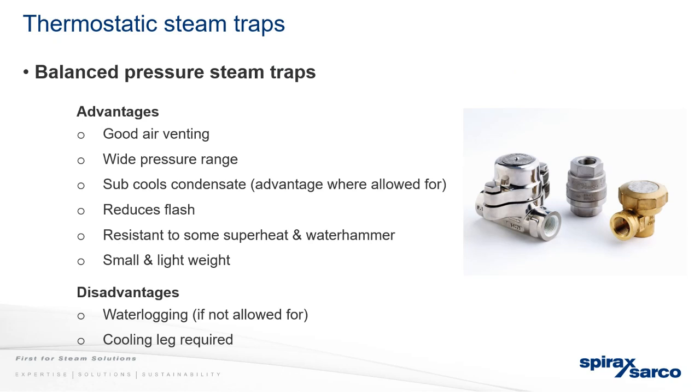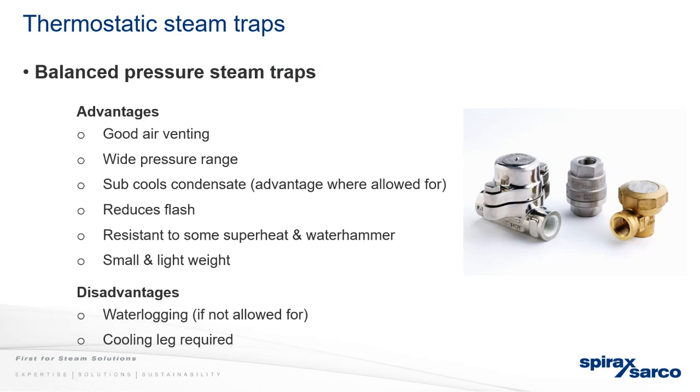So if you don't need a crane, if you don't need any kind of lifting gear or apparatus to be able to service a trap, it also makes it easier for you to be able to physically inspect the lower it is. So these traps, because you need the cooling leg, again, if you can drop it down close to the floor, if your main line is quite high, it makes it easier to view, but it also gives you that cooling leg because you have that length of pipe.